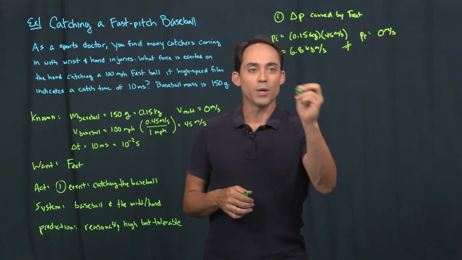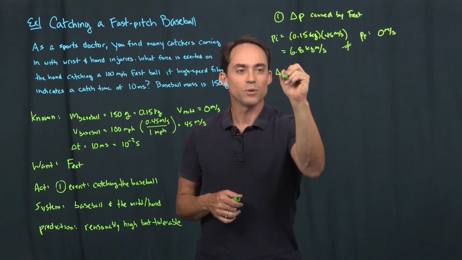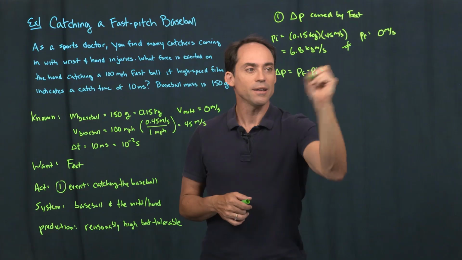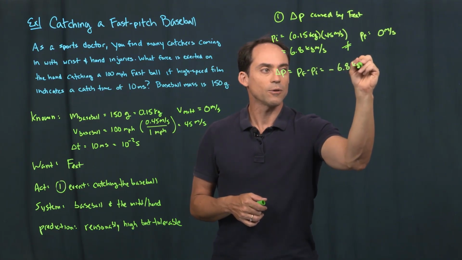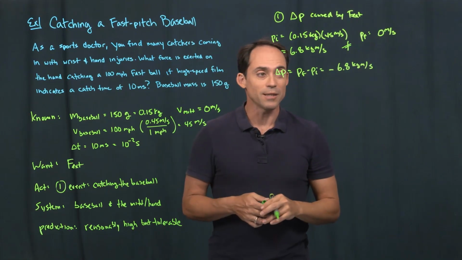Okay, so we can now write down our impulse-momentum relation. So delta P is just P_F minus P_I, and that's just minus 6.8 kilograms meters per second. The minus is because we are losing momentum out of the system.